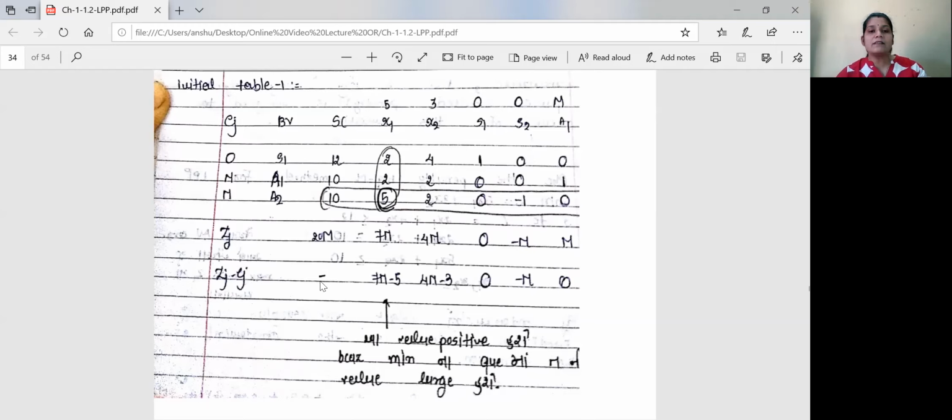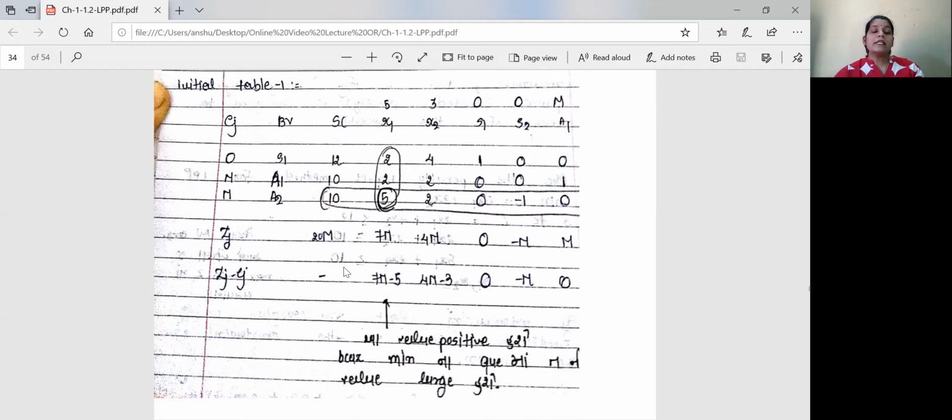That means, if the question is maximization, then where will your final table be complete? At Zj minus Cj greater than or equal to 0. But in case our Z is in minimization form, then our final table depends on Zj minus Cj less than or equal to 0.